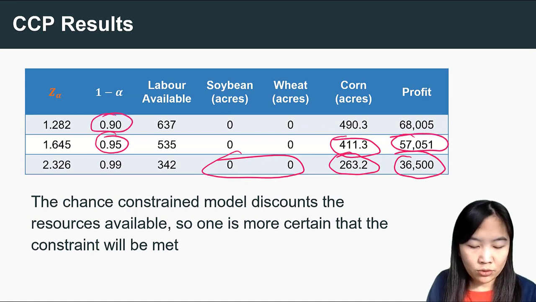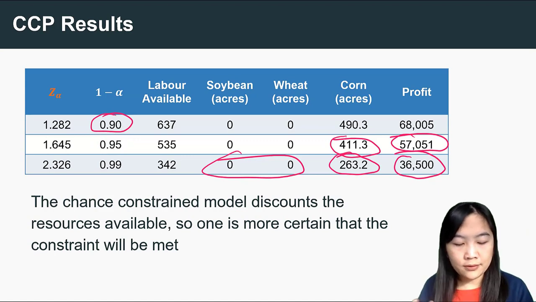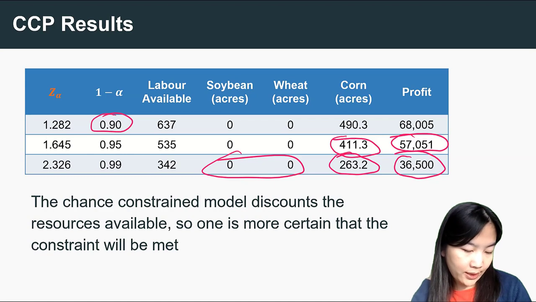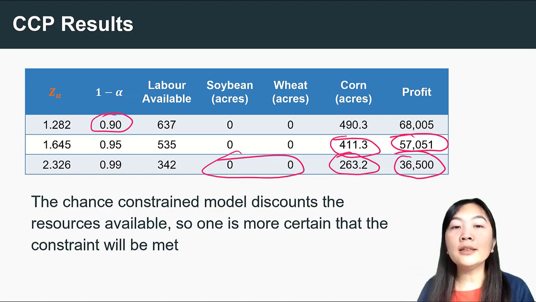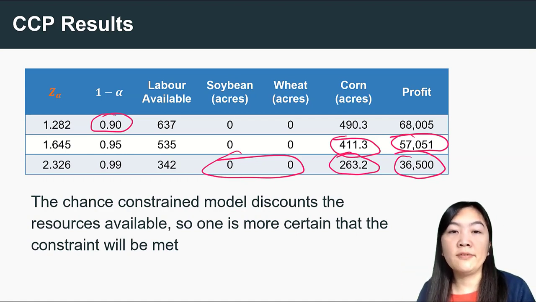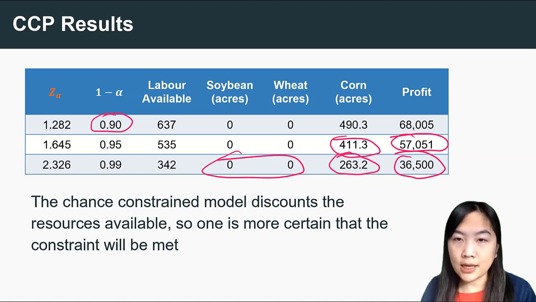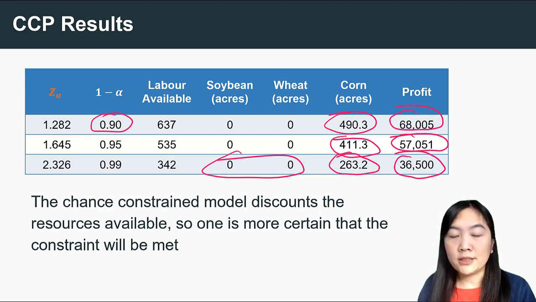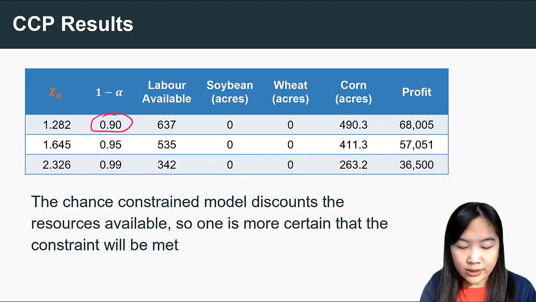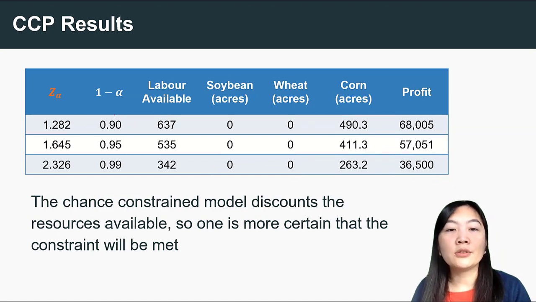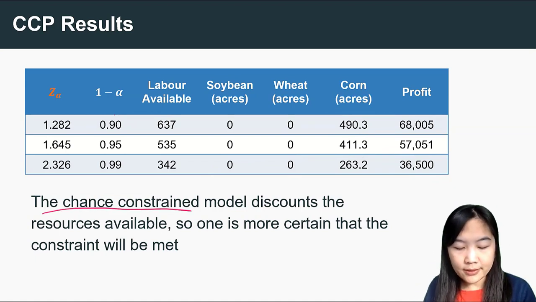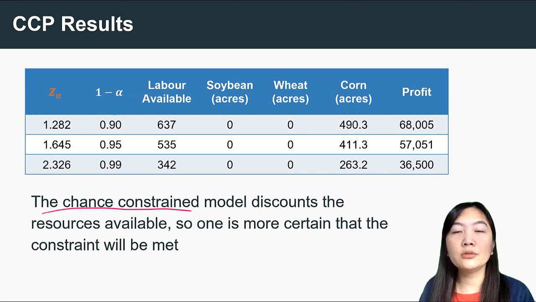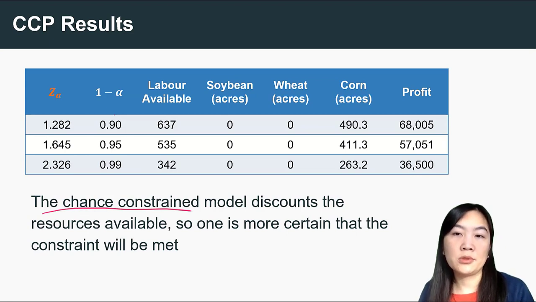And if you want to be even a little bit riskier, you say that I want to be 90% sure that the labor availability will be met, then you will end up growing more corn and your profit will be higher.